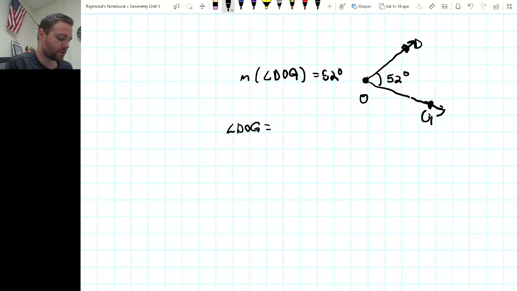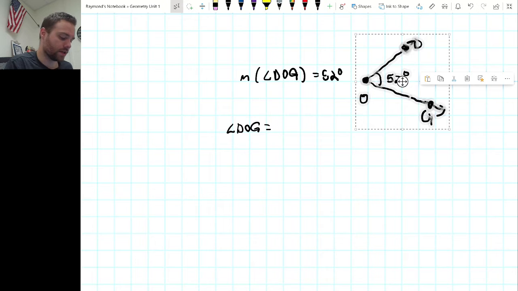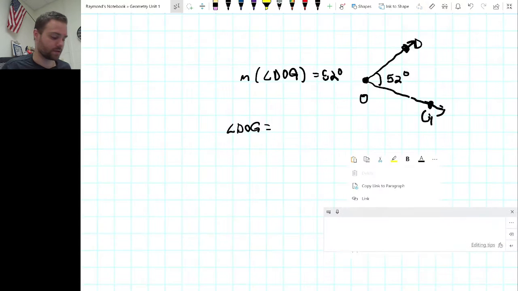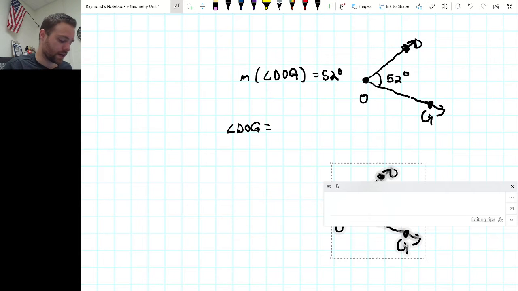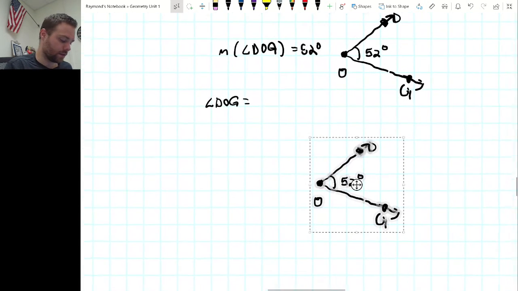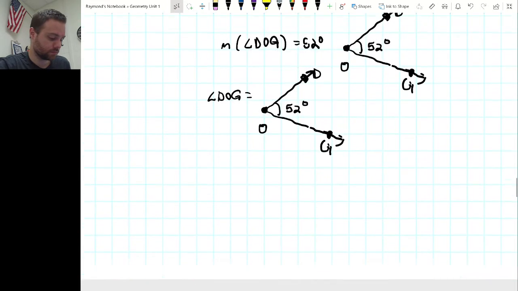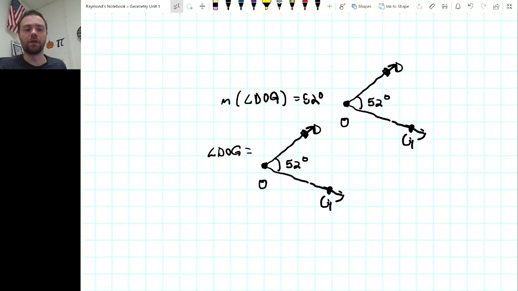So whenever you say angle DOG, you're saying that this is the angle that you're referring to, okay? So you're literally referencing the entire thing.